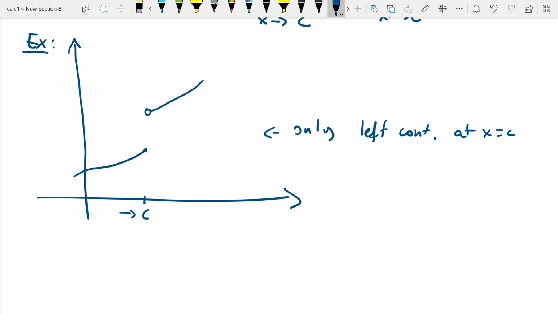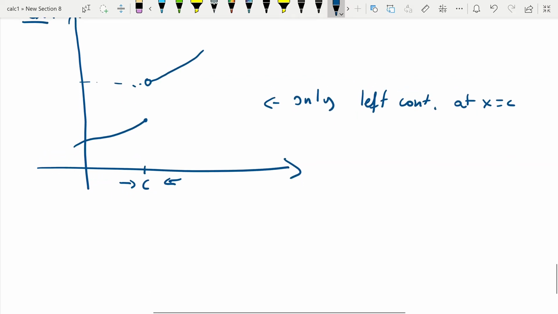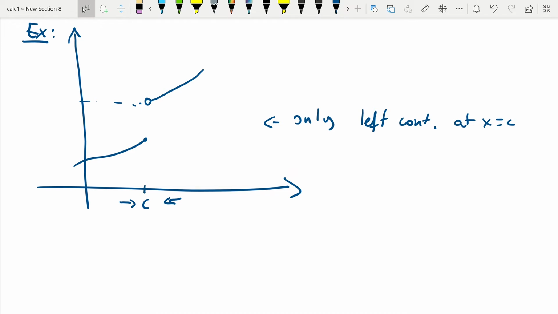And the limit from the right also exists, but there's some other value up here. So the function has one-sided limits, and one of them actually coincides with the value of the function, but the left-hand limit and the right-hand limit do not agree with each other, and therefore the graph of the function has a break, and therefore the function is not continuous.